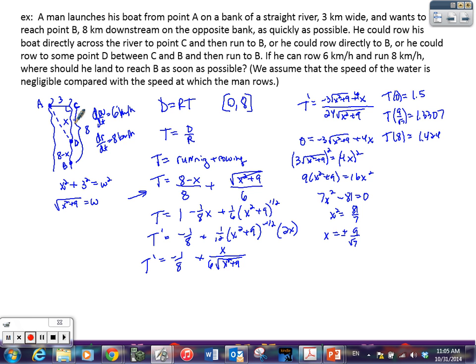Where he should row the boat to, with respect to the distance from the sea, or downstream. They're talking about that being downstream. So he would row 9 over root 7 kilometers downstream, and 9 over root 7 is approximately 3.402 kilometers. Okay, and as far as justification, you can say by reference to candidates test, by candidates test.